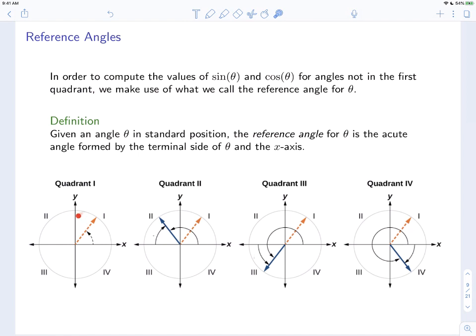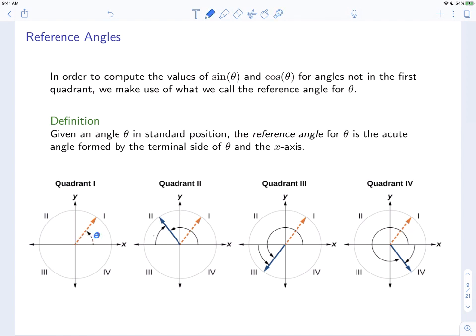So if you're in quadrant 1, then the acute angle is theta. So the measure here is theta. So the angle that we're looking at is theta. Now the acute angle made with the x-axis is theta itself. So the reference angle here is theta.